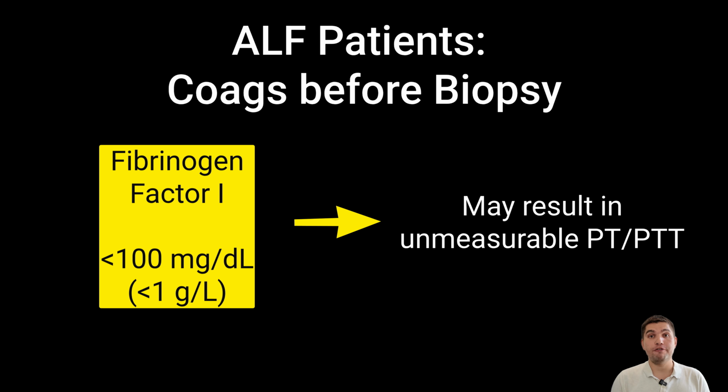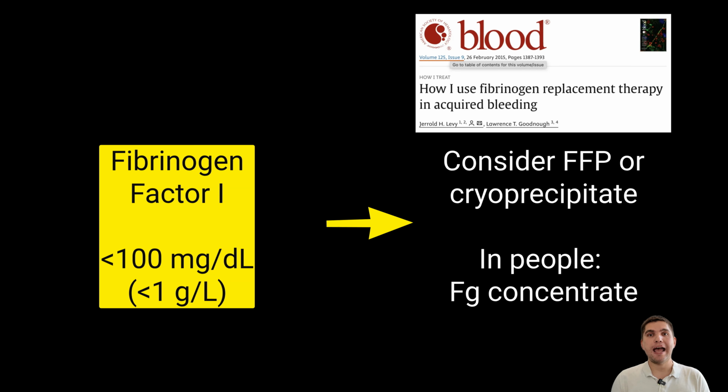If fibrinogen, or factor I, which is almost exclusively produced in the liver, is below 100 milligrams per deciliter, I will also try to correct it before an invasive procedure, because low fibrinogen has been associated with spontaneous bleeding in people. Fibrinogen levels can be replenished by fresh frozen plasma or cryoprecipitate transfusion.